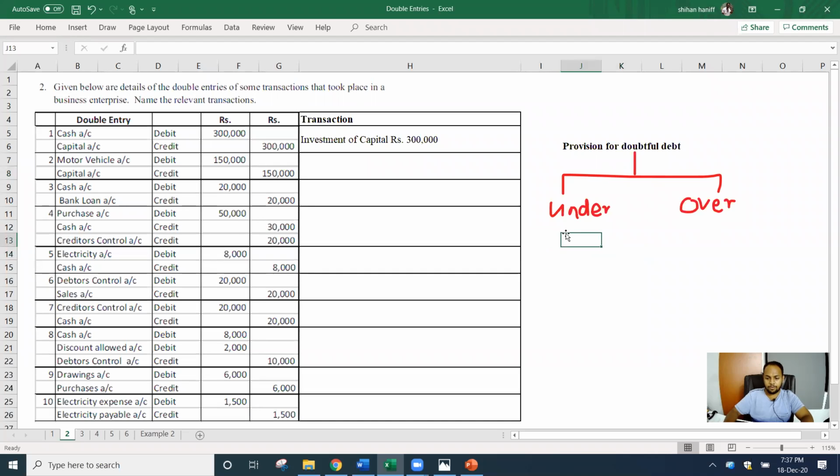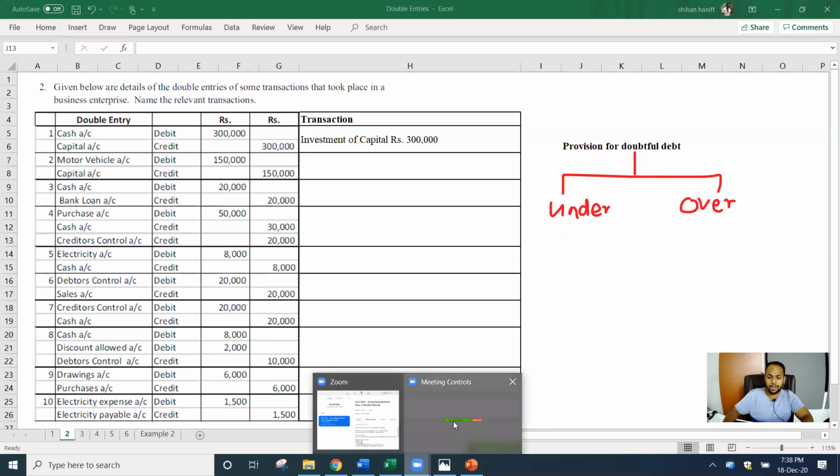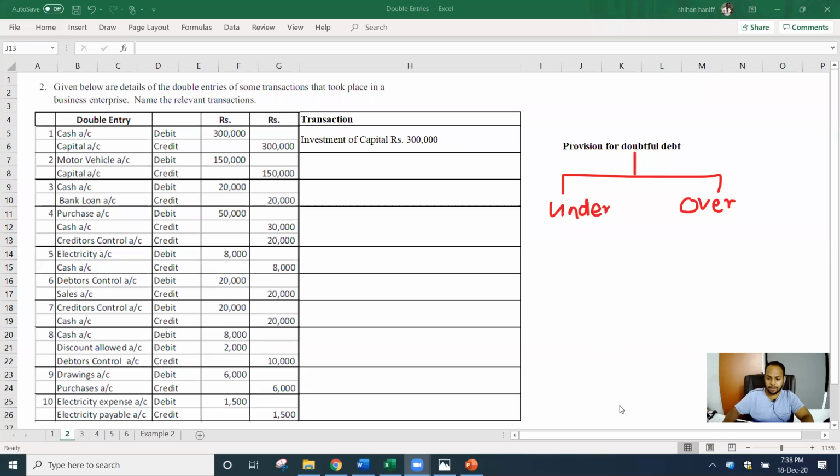We will do this adjustment under accounting adjustments when preparing the financial statements. The moment I will give you all the double entry, the debit and credit.